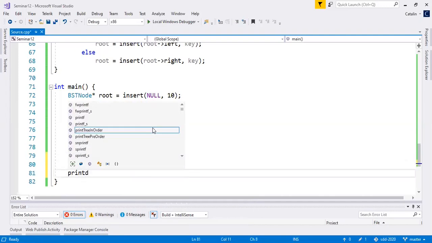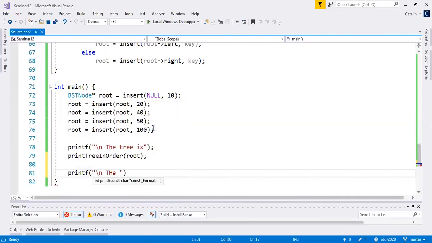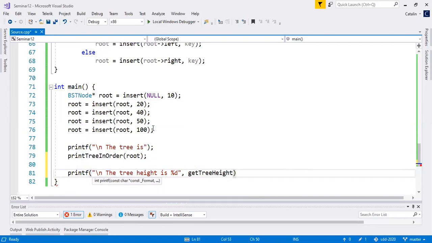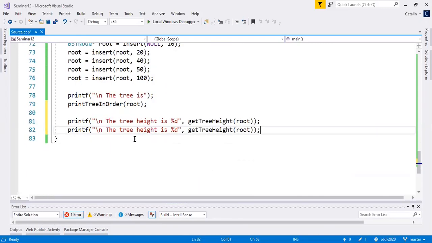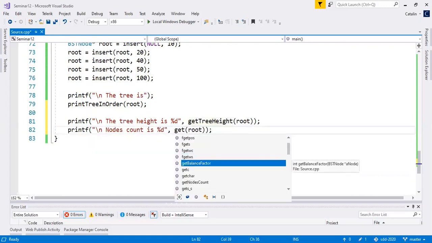So printf \n the tree height is %d, and here I will have get tree height of root, and also how many nodes. Nodes count is get nodes count.